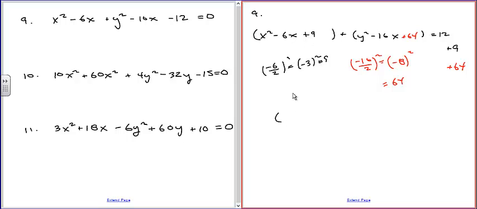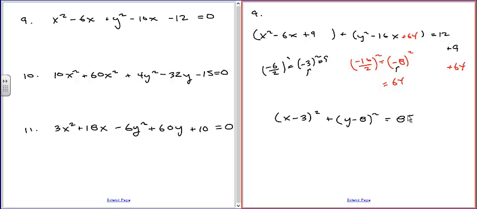So these first 3 terms become a complete square. The number we use here is -3. So it's x minus 3 squared plus, and then we have -8. So it's y minus 8 squared. And then we add all the numbers up on the right-hand side, which is going to be 64 plus 9, which is 73, 83, 85.